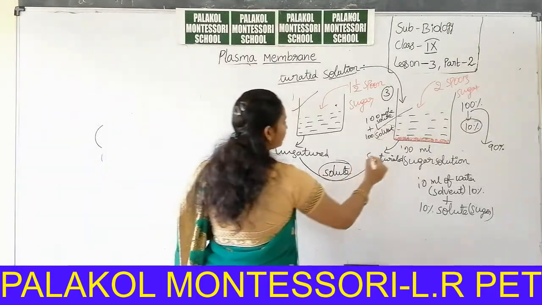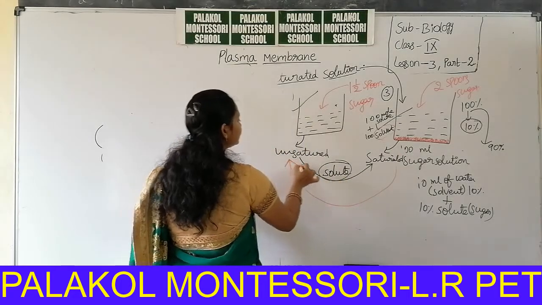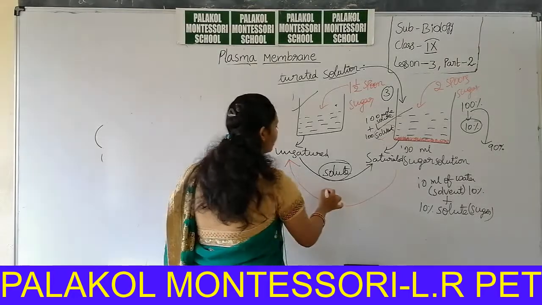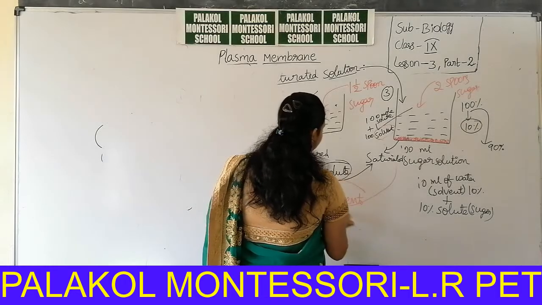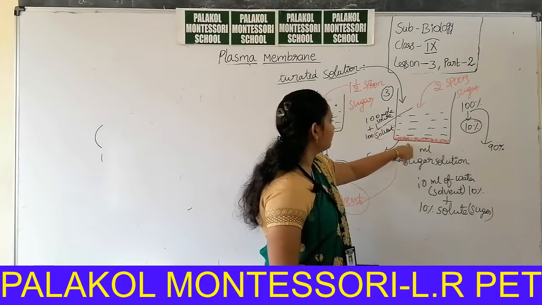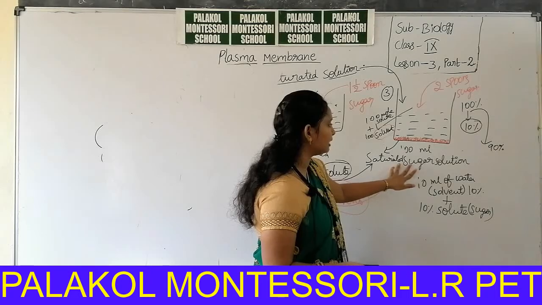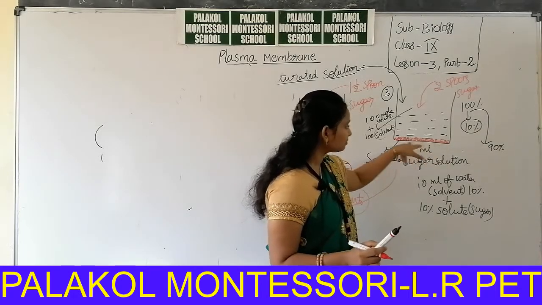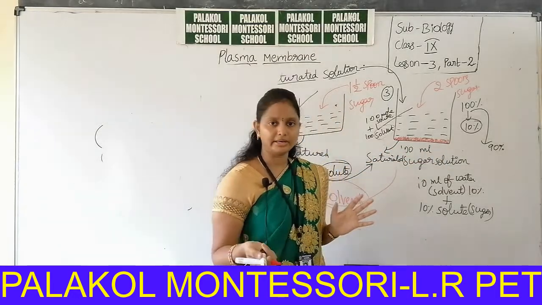Now, the conversion of a saturated solution into an unsaturated solution takes place by adding solvent. Here solvent molecules are fewer in number but solute particles are more in number, that's why it is called saturated. To completely dissolve these solute particles, we add another 100 ml of water.